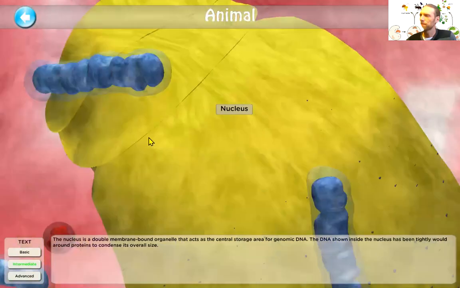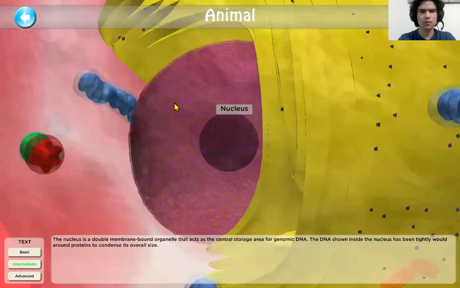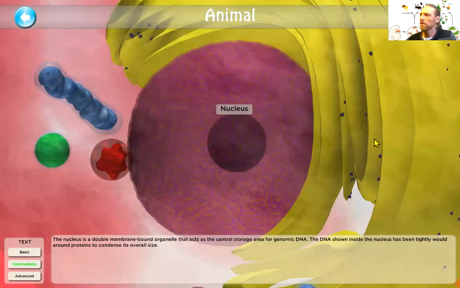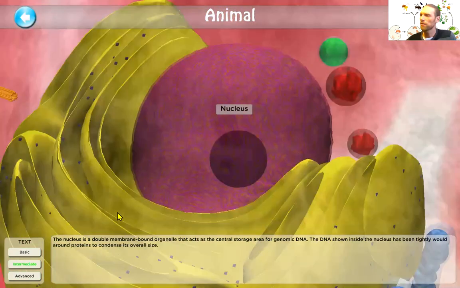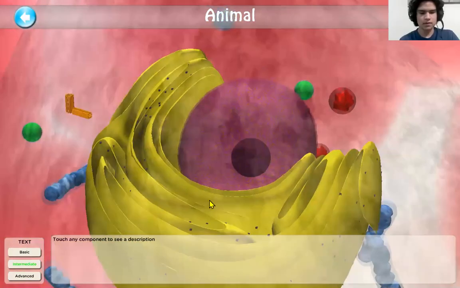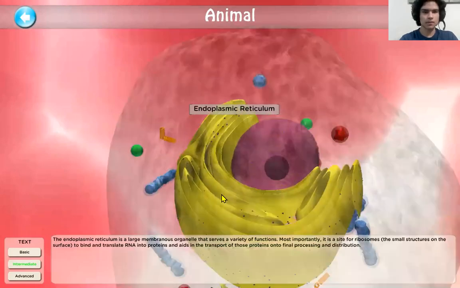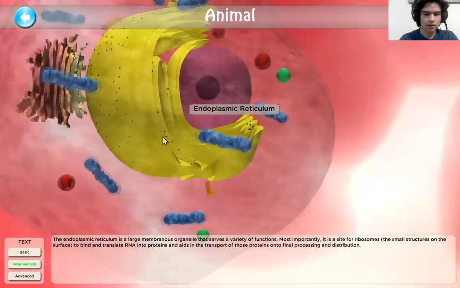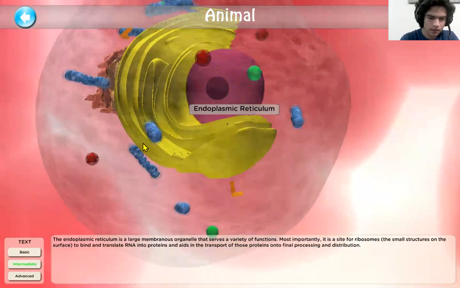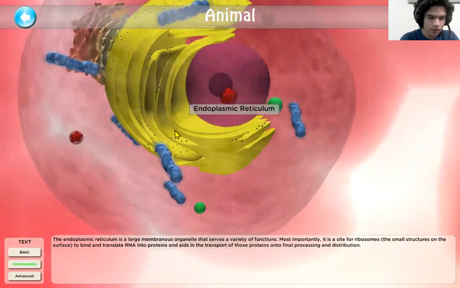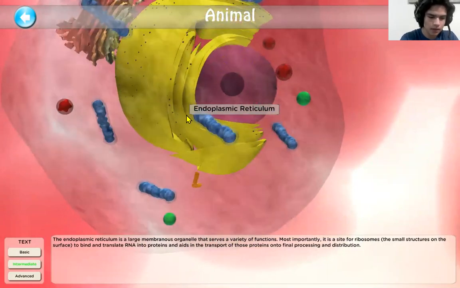Can you tell me? Endoplasmatic reticulum. Okay, and what is it doing, this endoplasmatic reticulum? What is its function? It says, can I read? Yeah, of course.